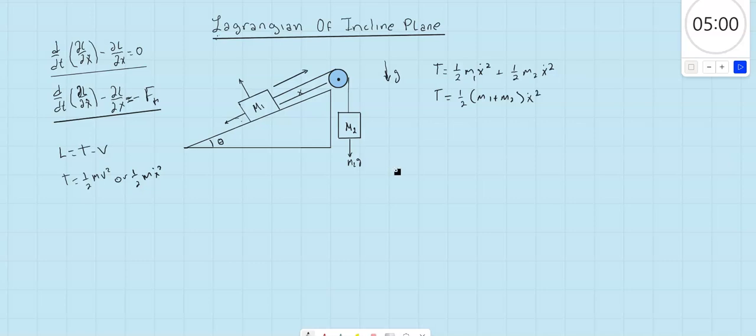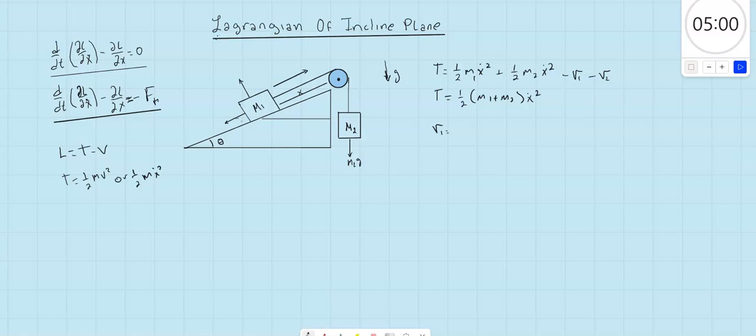And our Lagrangian will be minus the potential energy for mass 1 minus the potential energy for mass 2. For the potential energy of mass 1, we could draw a triangle from here to here.